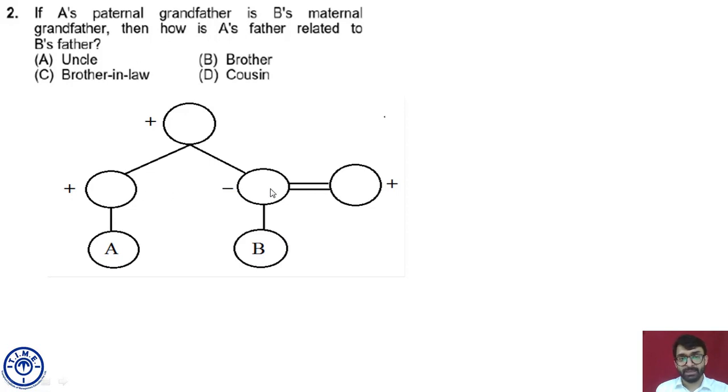A's father and B's mother have the same father, so A's father and B's mother are siblings. B's father is the husband of B's mother, so he is the brother-in-law of A's father. So A's father is brother-in-law of B's father.